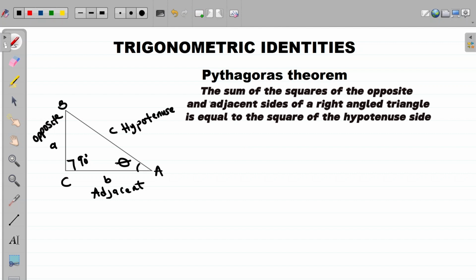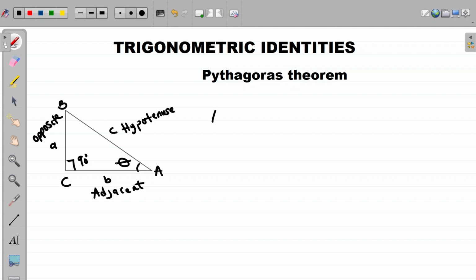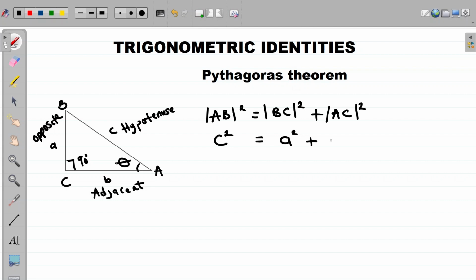Mathematically, the theorem can be expressed as AB squared is equal to BC squared plus AC squared. And from our figure, AB is represented as C, that is C squared, equal to BC, which is A, so A squared, plus AC, which is B, so B squared.